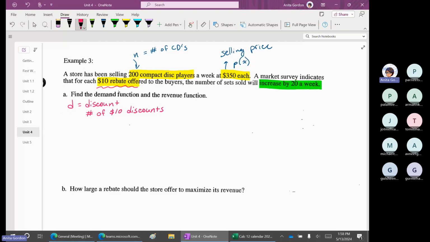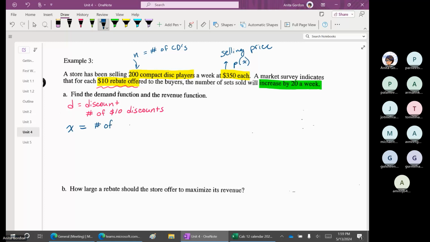So D is how many times we are going to allow this discount to occur. Let's say X is the number of CDs sold. And P of X is, well, we know the selling price.